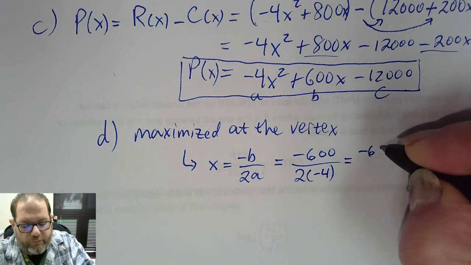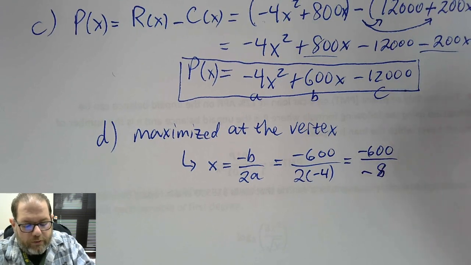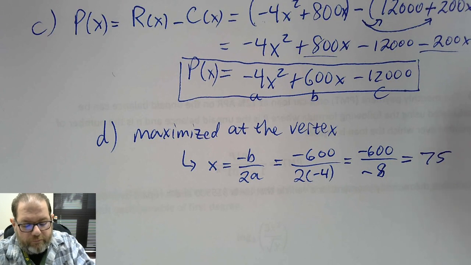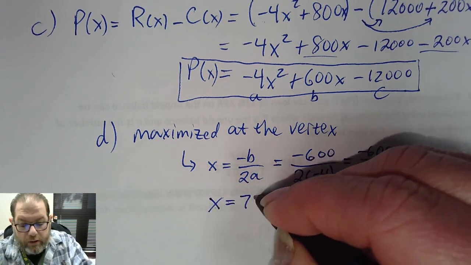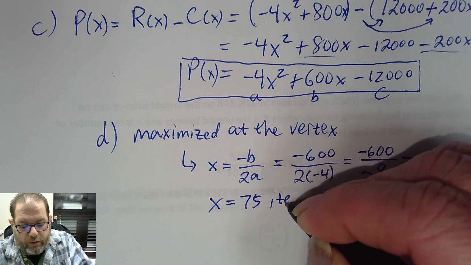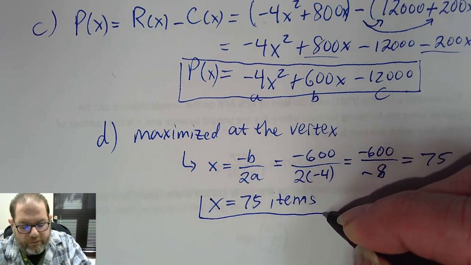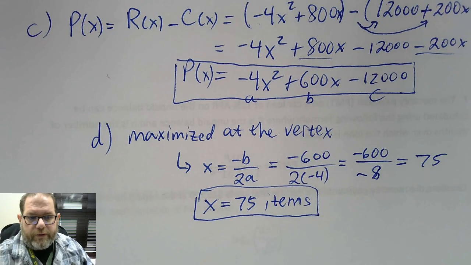So that gives us negative 600 over negative 8. And that divides out to give us 75. So that means if we can produce and sell 75 items, then we should achieve a maximum profit.